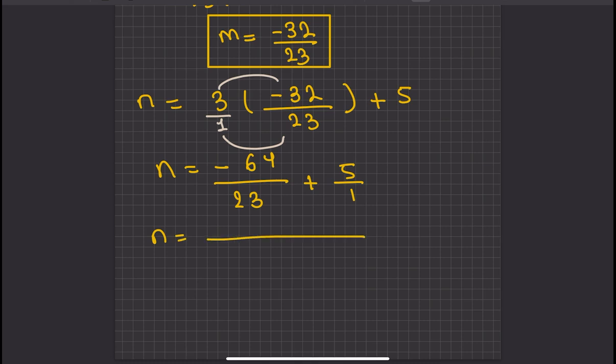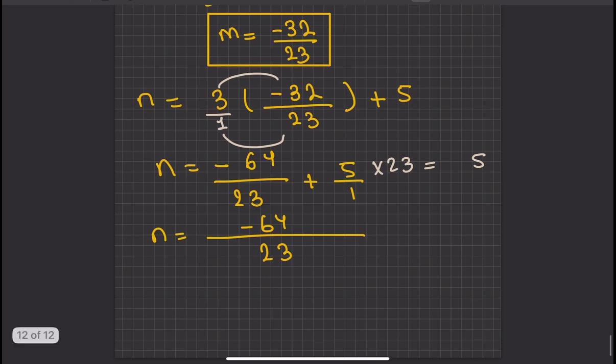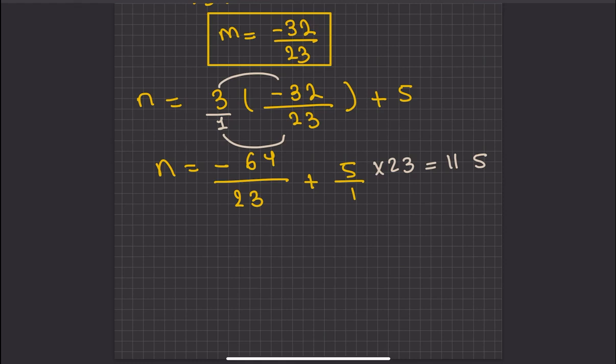I'm going to choose a common denominator, which is going to be 23. It's going to be minus 96. And here 5 is going to be times 23. So I have 5 here, 5 times 23 is 115. So minus 96 plus 115. So what's it going to be?